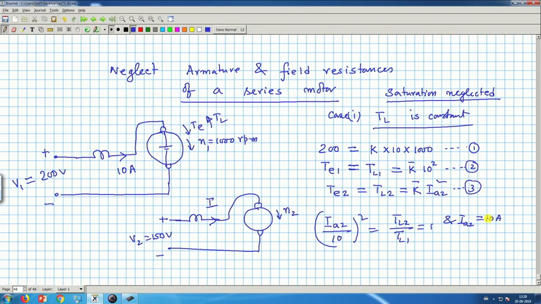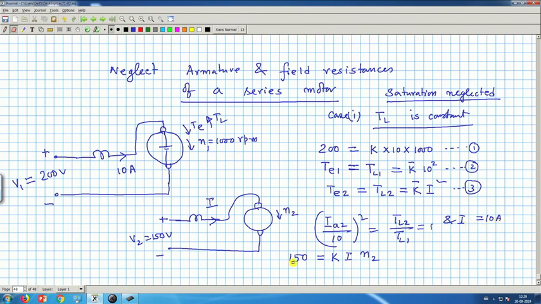What will be the new speed? New speed: 150 volt, by the back EMF equation, is equal to K into phi, I into N 2. I should not write I A 2 square because they are the same, got the point?